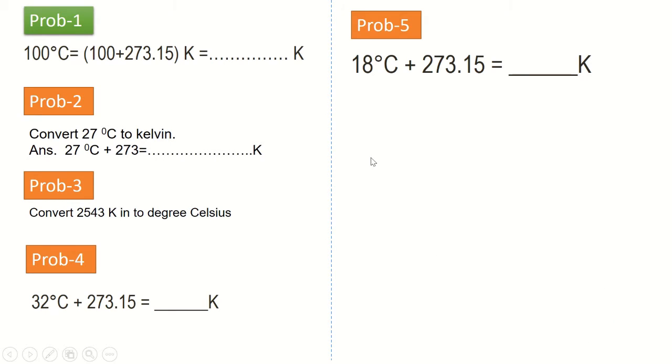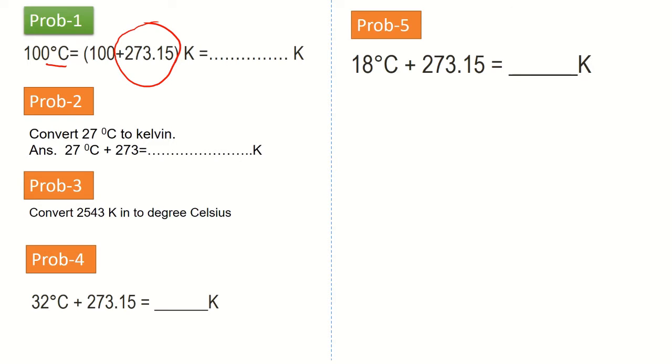Now the problem number 1, 100 degrees centigrade is equal to how much Kelvin? Whenever you are changing degree centigrade to Kelvin, every time you have to add this number, 273.15.